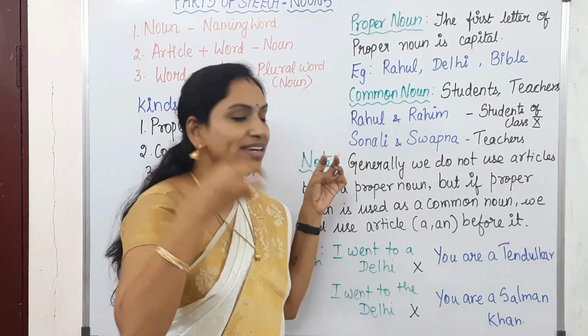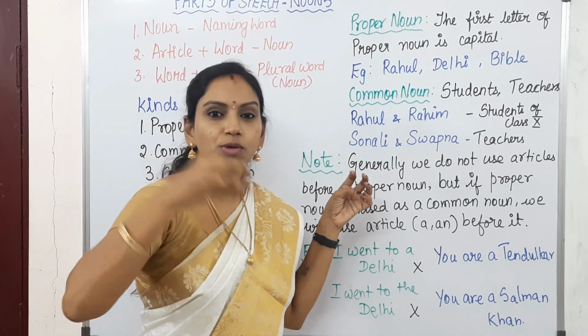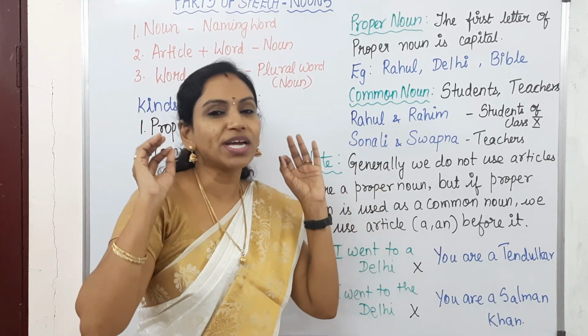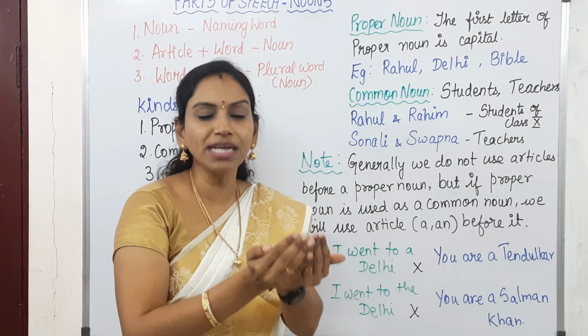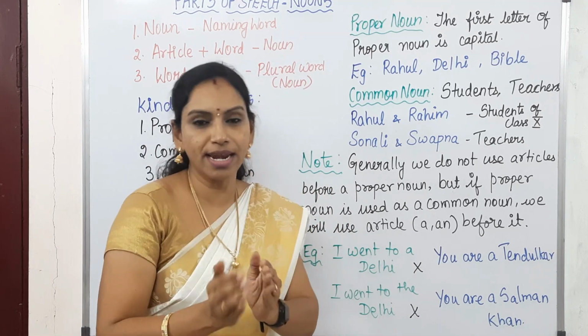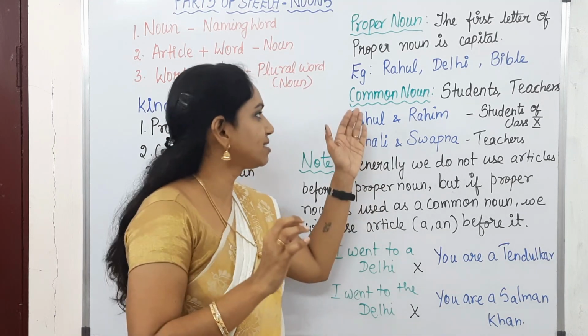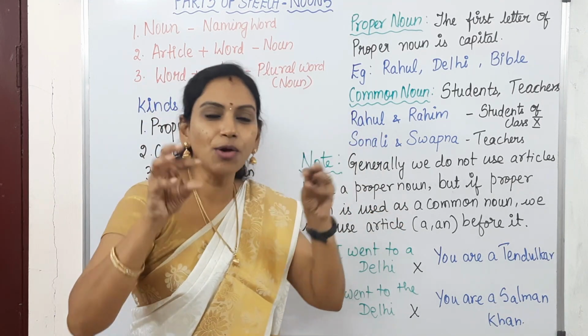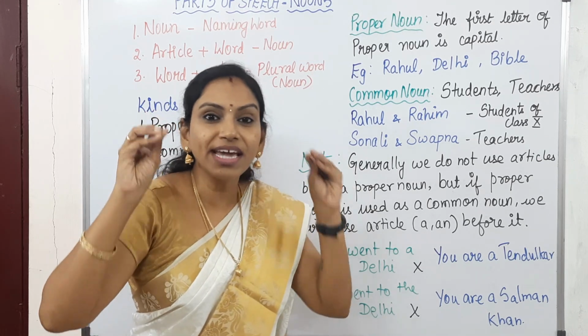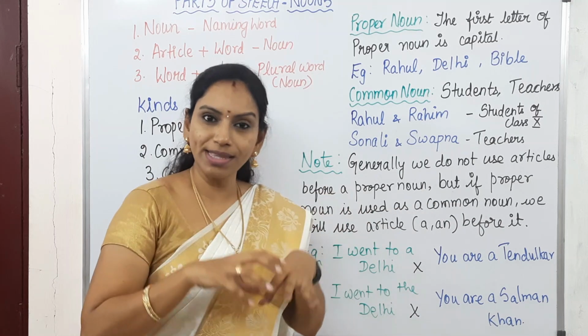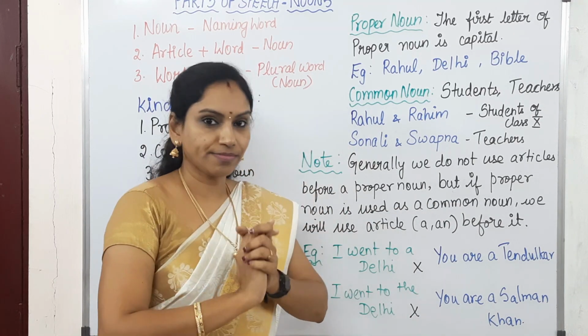If we name each of them, student 1 Rahul, student 2 Rahim, but we can't. We commonly tell them as students of class 10. So that word students is called a common noun. In common, we call them common nouns.